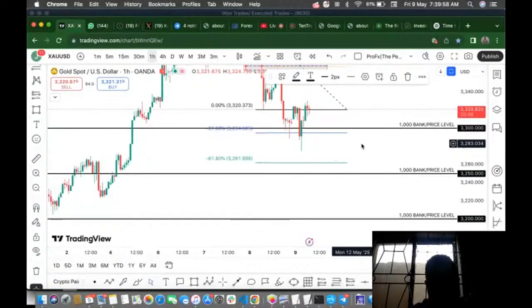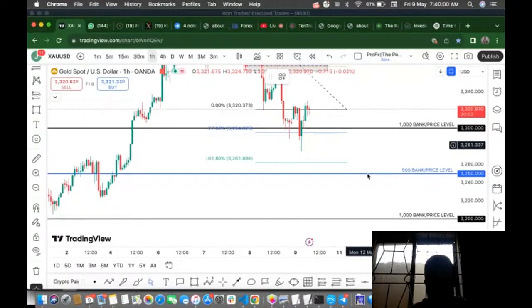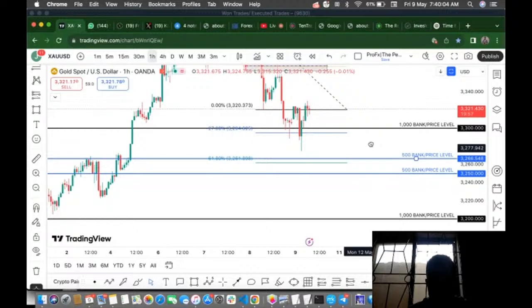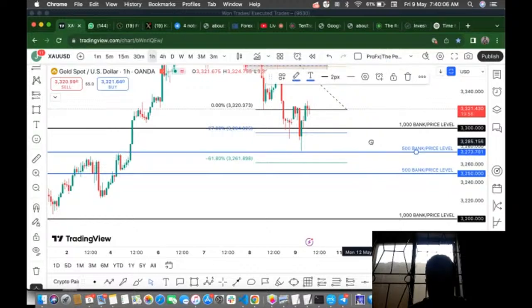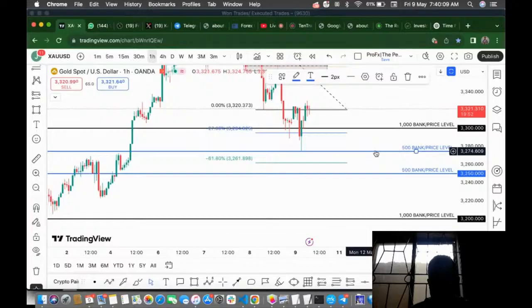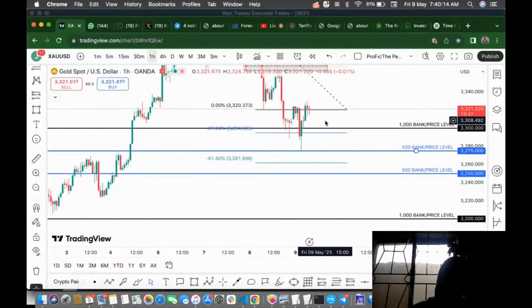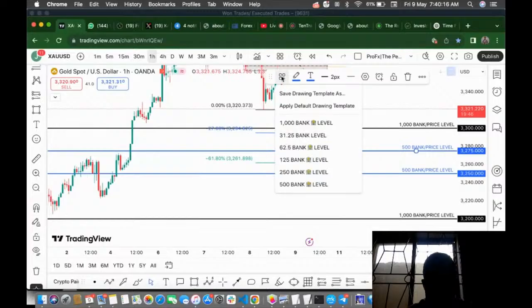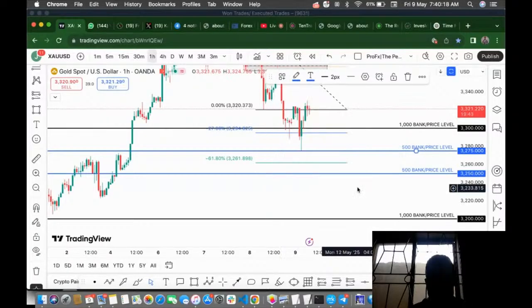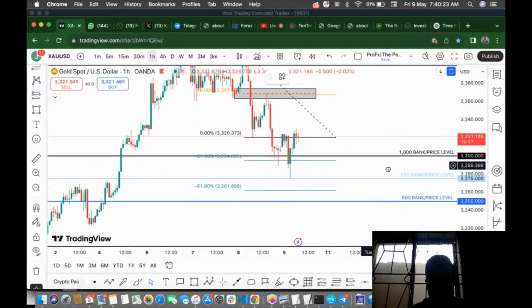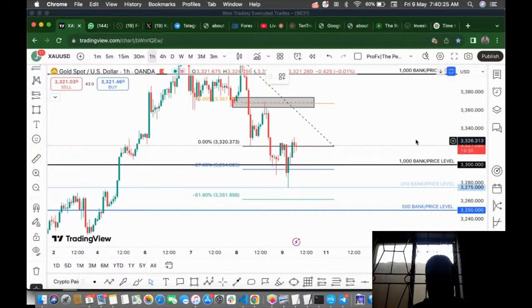That's the quarter, which will be representing 750. I'll show us how to draw it well in the mentorship. I'm just giving us a brief. So these are the bank levels that we are going to have if price does not get to the 1,000.